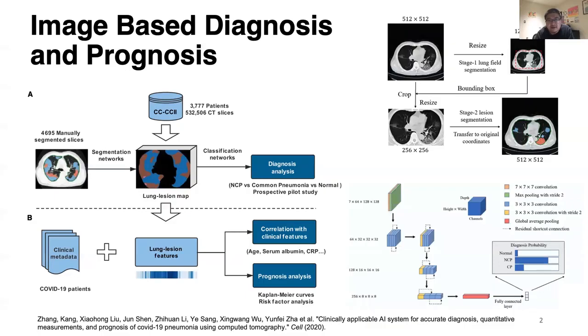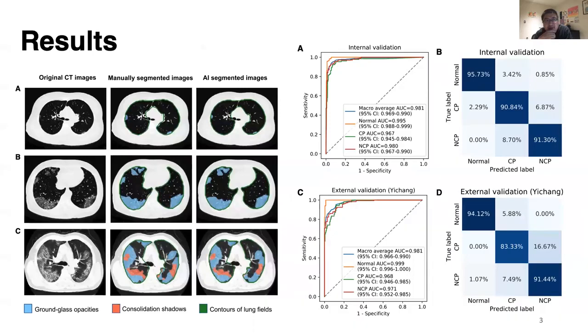this is actually the 3D classification network, which took input from the result of the segmentation network to predict the three-way classification. And this is the result. The images in the left column are the original CT slices from three COVID-19 patients.